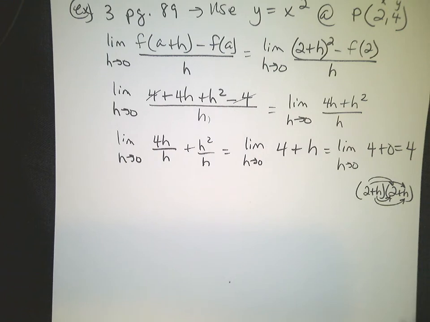Tangent equation again is just slope-intercept using a parallel slope. So our slope is 4. Our parallel slope would be 4. Parallel meaning the same thing.